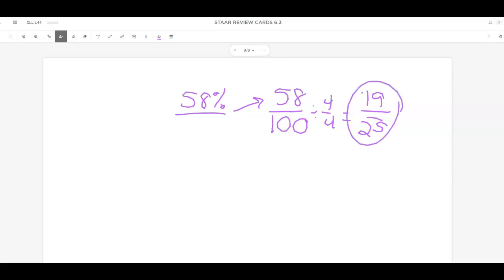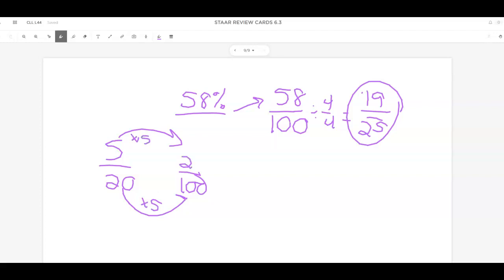If they give you a fraction to go to percent, you try to get to 100. So if you have something with a 20 on the bottom, you want to get to 100. So what would this be? 20 to 100, what do we multiply by? 5. 5 on top. 25 out of 100 is 25%.